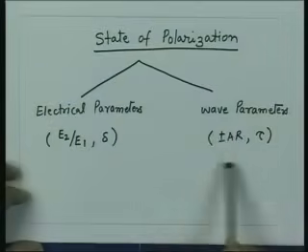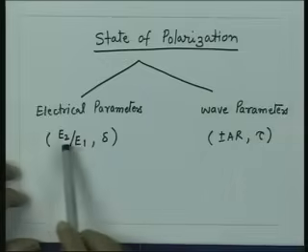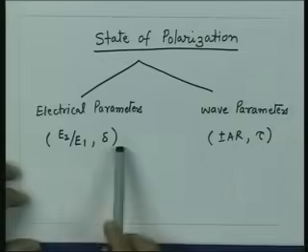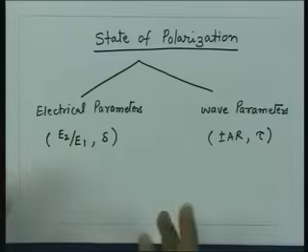However, what we do here, these two quantities, the axial ratio is a number, whereas this is an angle, and this quantity is a ratio and an angle. For defining the state of polarization more compactly, what mathematicians have done is they have defined all these quantities in terms of angles.